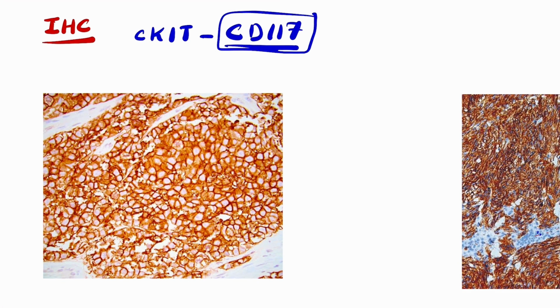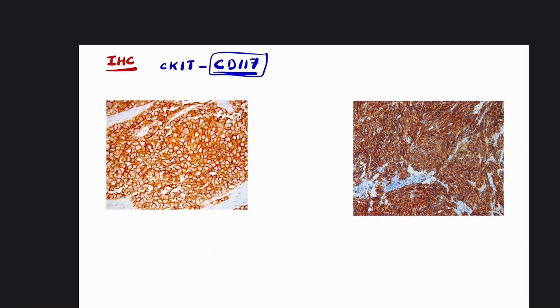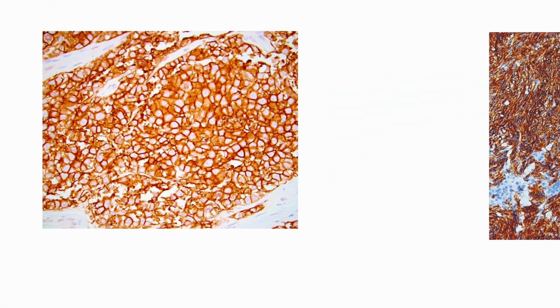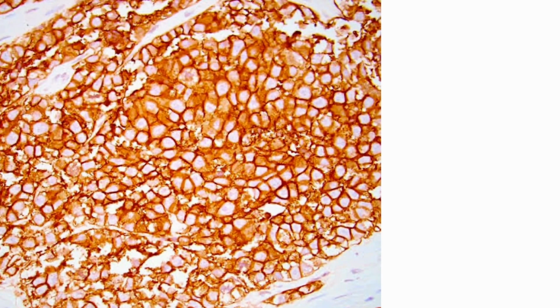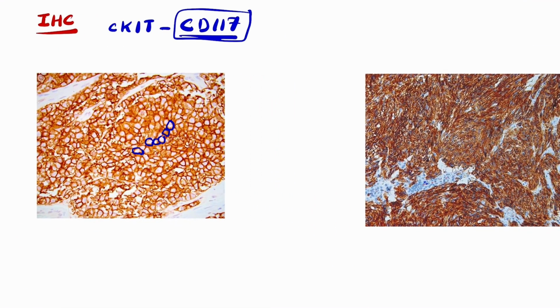The CD117 marker shows you membrane positivity. Membrane positivity means there is brown staining at the membranes. In any IHC, brown means positive. Light blue means negative.